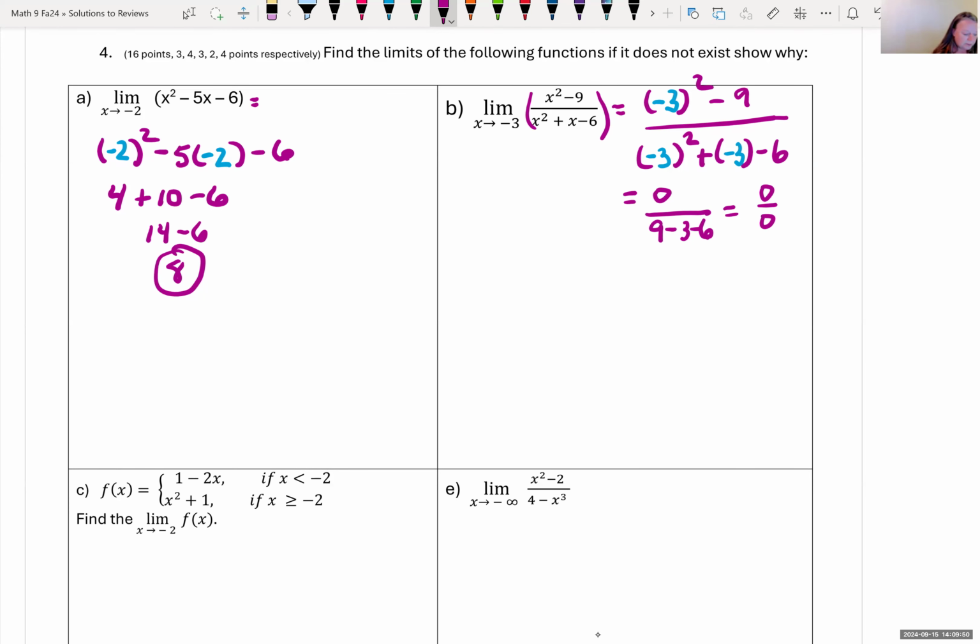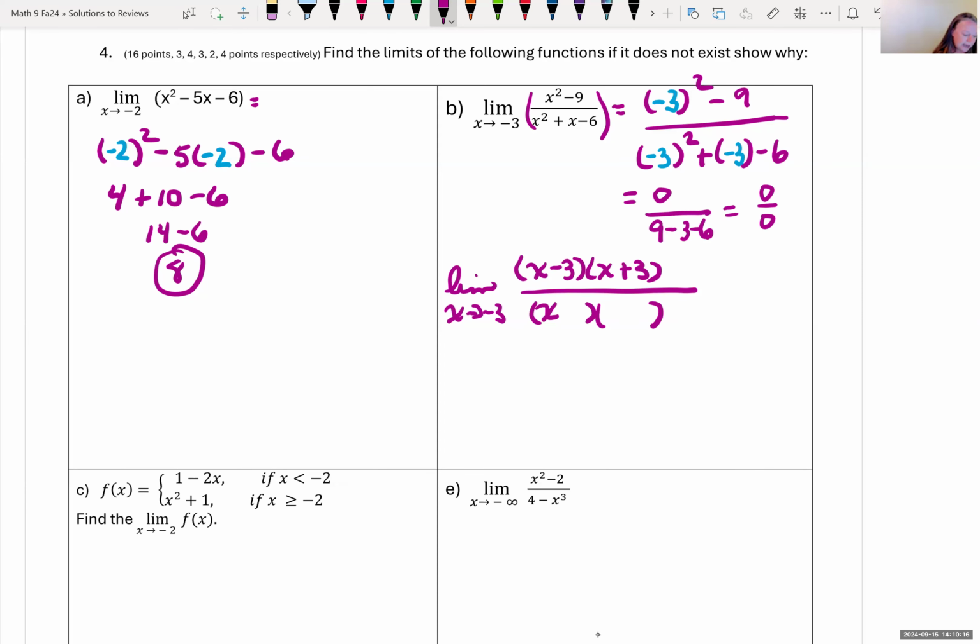And so I'm going to bring down the limit because I haven't taken the limit yet. As I go back in and manipulate this, I see I have a difference of squares, x squared minus 9. That can be factored as x minus 3 times x plus 3, all over x squared plus x minus 6. I notice there are two numbers that multiply to give me negative 6 and add to give me a positive 1.